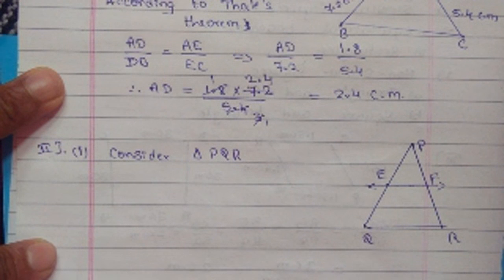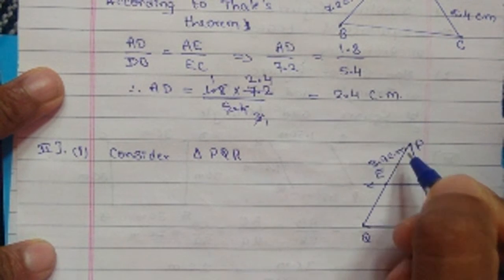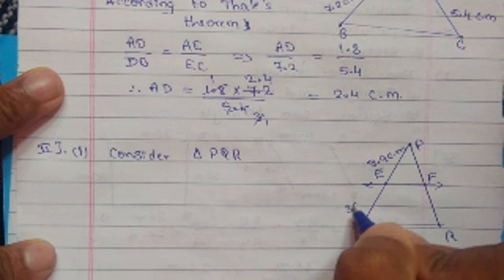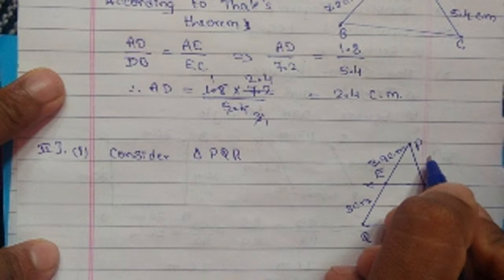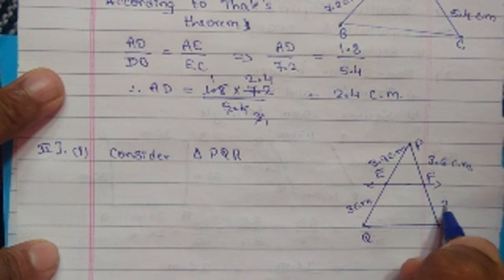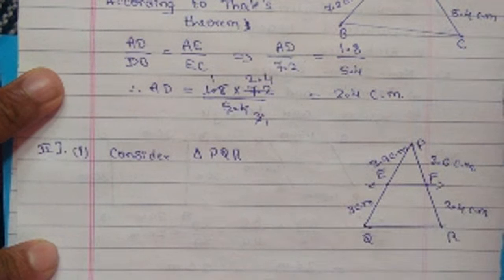For the first one, PE is 3.9 centimeter, EQ is 3 centimeter, PF is 3.6 centimeter, and FR is 2.4 centimeter. We just have to find out the ratios. If they are equal, then we write EF is parallel to QR. If the ratios are not equal, then EF is not parallel to QR.